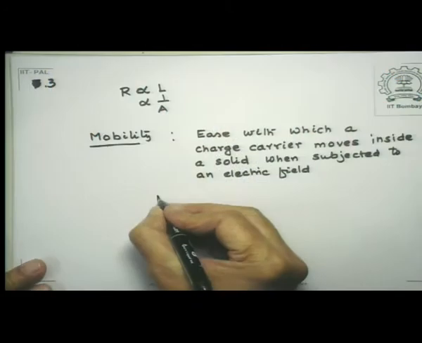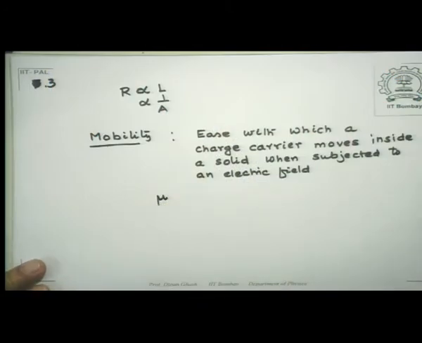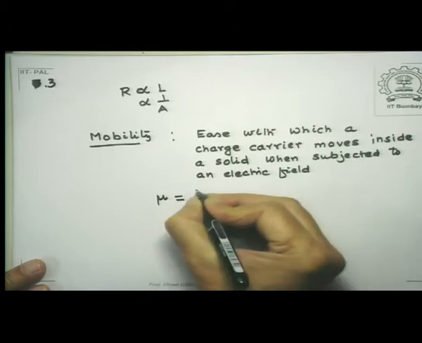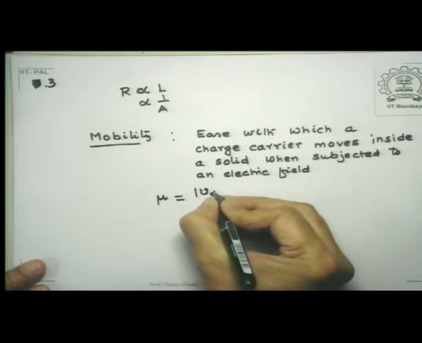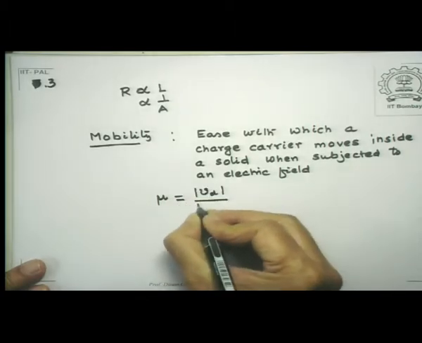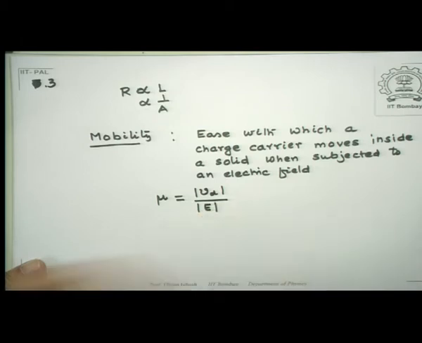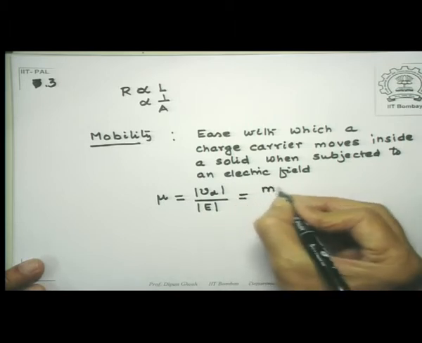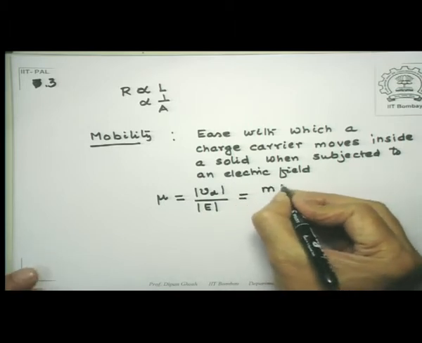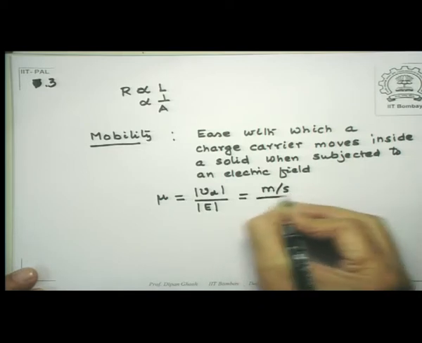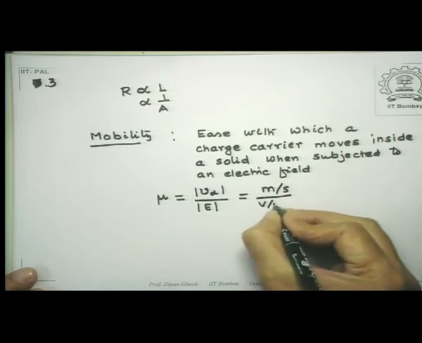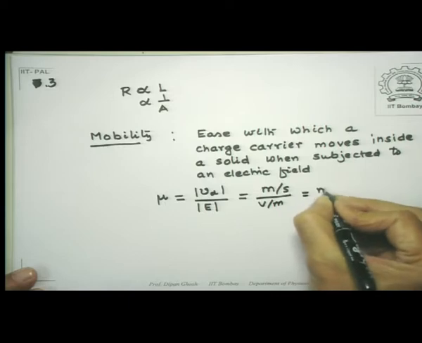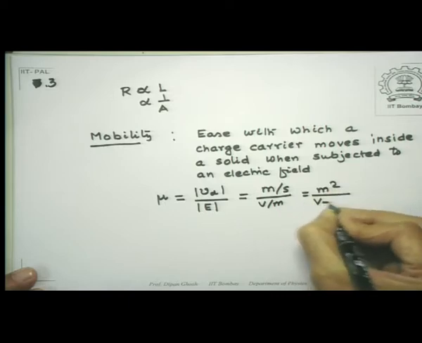Mobility by definition is a positive quantity, and it is defined as the ratio of the drift velocity to the applied electric field. Notice that velocity is meter per second, electric field is of course volt per meter, so this has the unit of meter square by volt second.